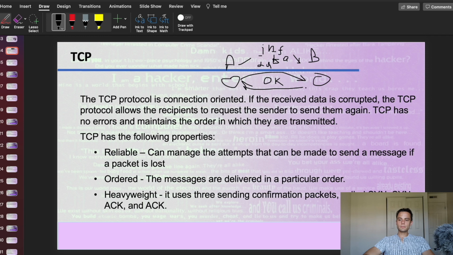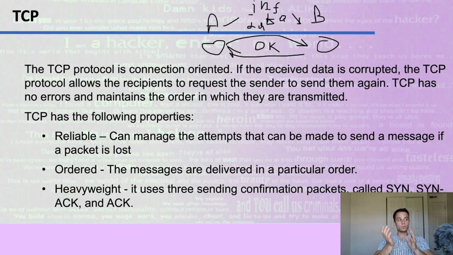Okay, and after machine B is okay, then from A we actually send the actual data to machine B. So the control of this data is based on a mathematical equation and allows you to verify that the transmitted data is actually sent.